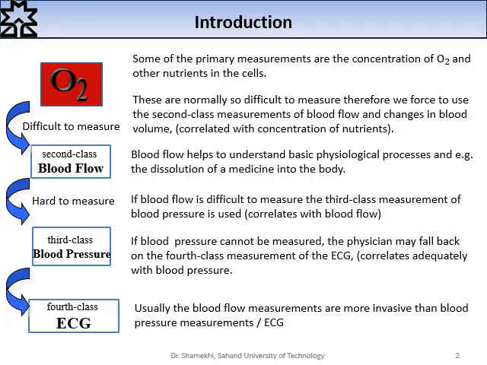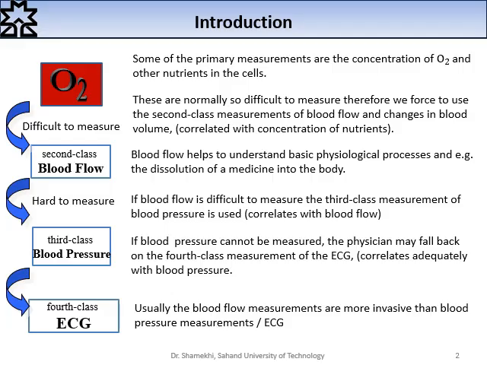These are normally so difficult to measure, therefore we are forced to use a second-class measurement of blood flow and changes in blood volume. The blood volume is correlated with the concentration of nutrients because the blood is full of these nutrients.